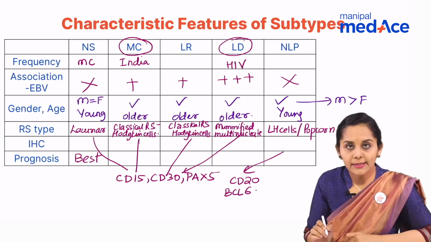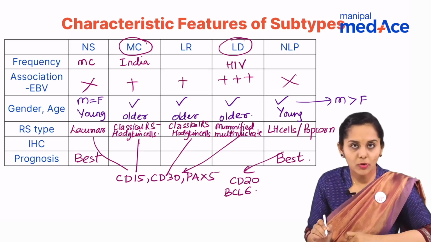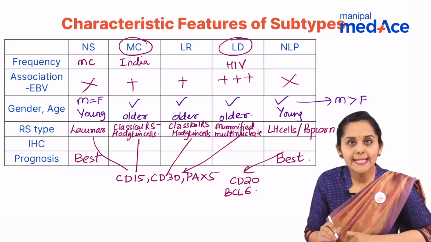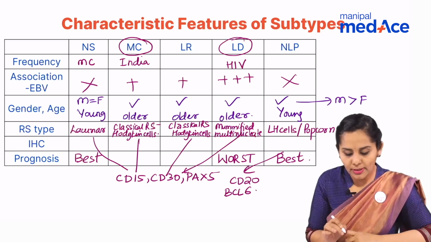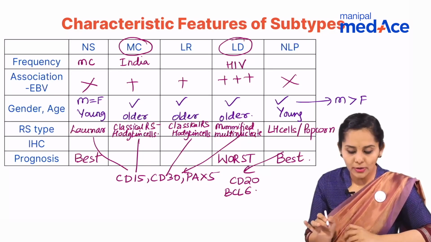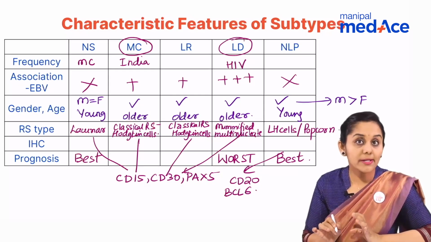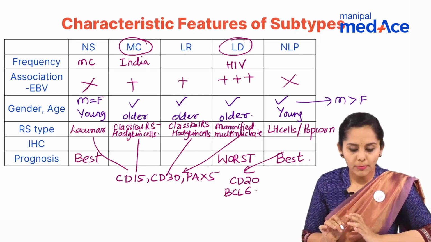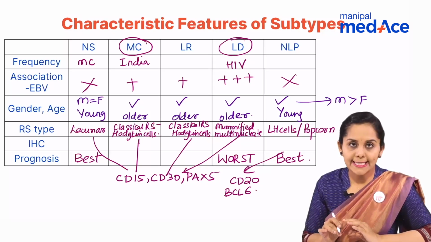Under non-classical, it is nodular lymphocyte predominant, which also has the best prognosis. The worst prognosis is seen in lymphocyte depleted type, whereas in between you can expect mixed cellularity and lymphocyte rich type. So if you remember this table, most of your job related to Hodgkin lymphoma is over, right? So you need to be aware of different variants and their variations with respect to morphology, then incidence, gender predilection, prognosis, etc.